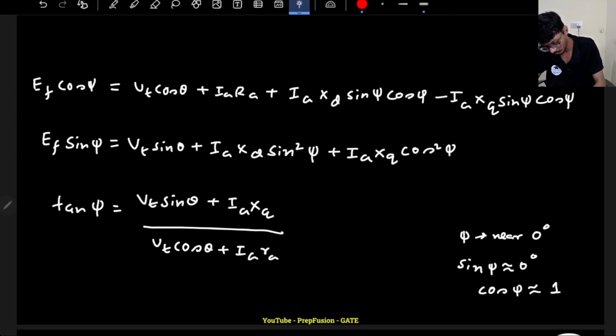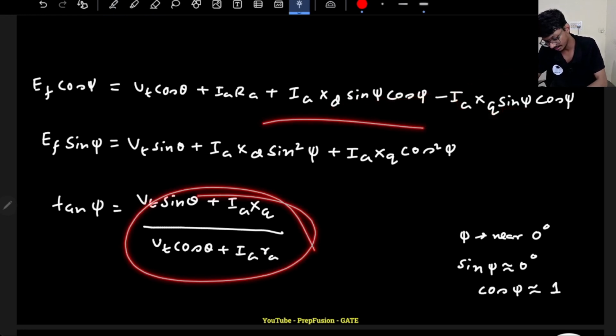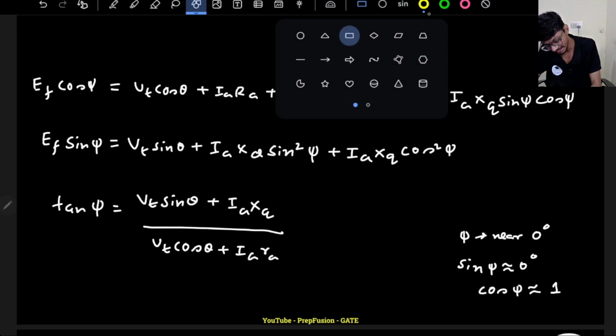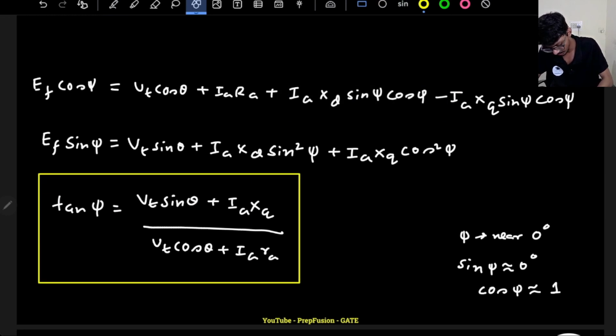Because sin xi is there in the other terms, they almost go to 0, so we can neglect them. It is better if you are able to remember this formula, because it might be useful.